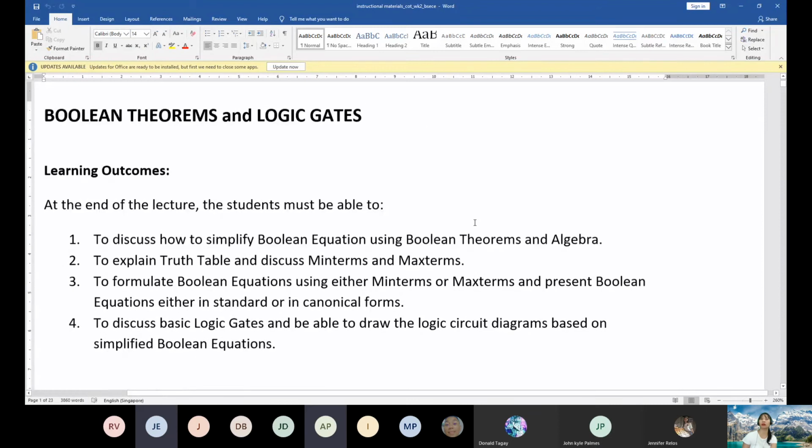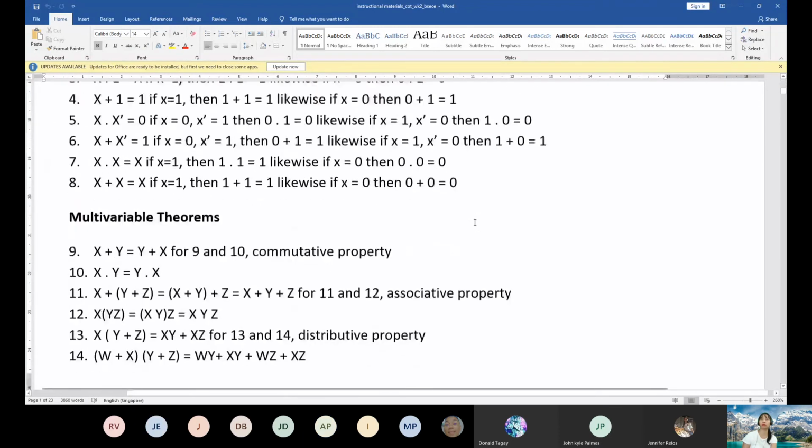Can you see? Yes po, ma'am. Okay, so let's review Boolean theorems.